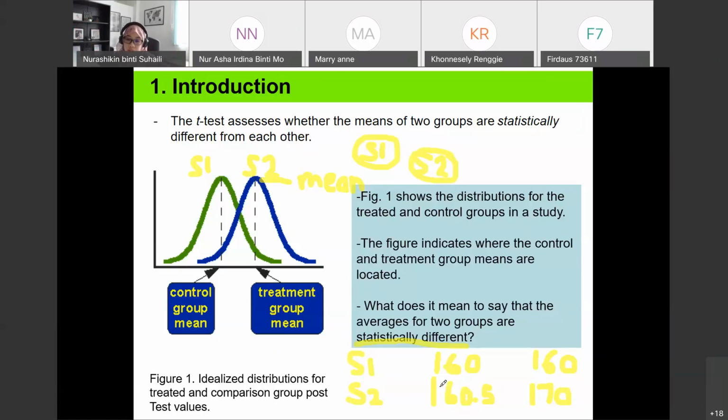So it's obviously different, right? But if you see a person with 160 cm and another person who has a height of 160.5, only 0.5 cm, of course with your eyes, if you see the two persons, they are about the same. You can't really see much difference.